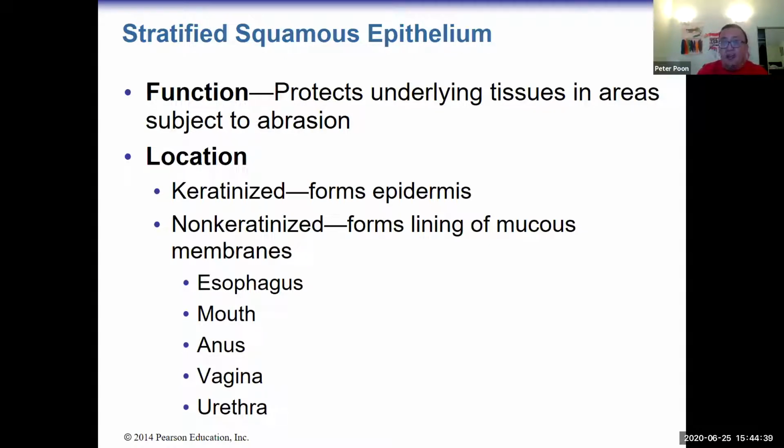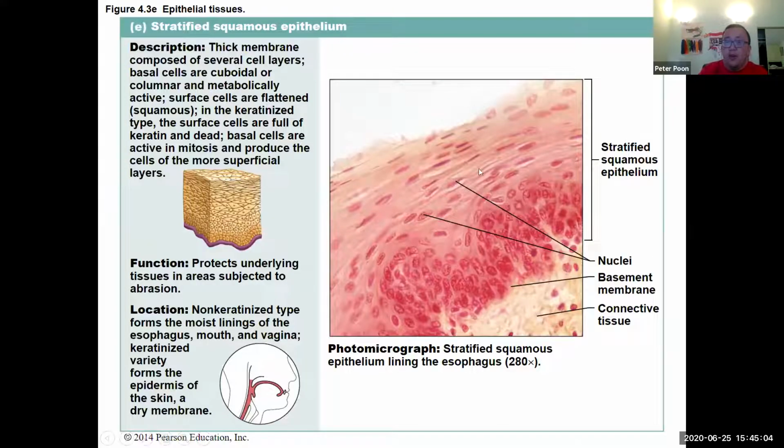Non-keratinized epithelium are going to be soft and mushy and alive at the apical surface. So your esophagus, mouth, anus, vagina in females, urethra in males, these are going to be non-keratinized, so they're going to be alive.